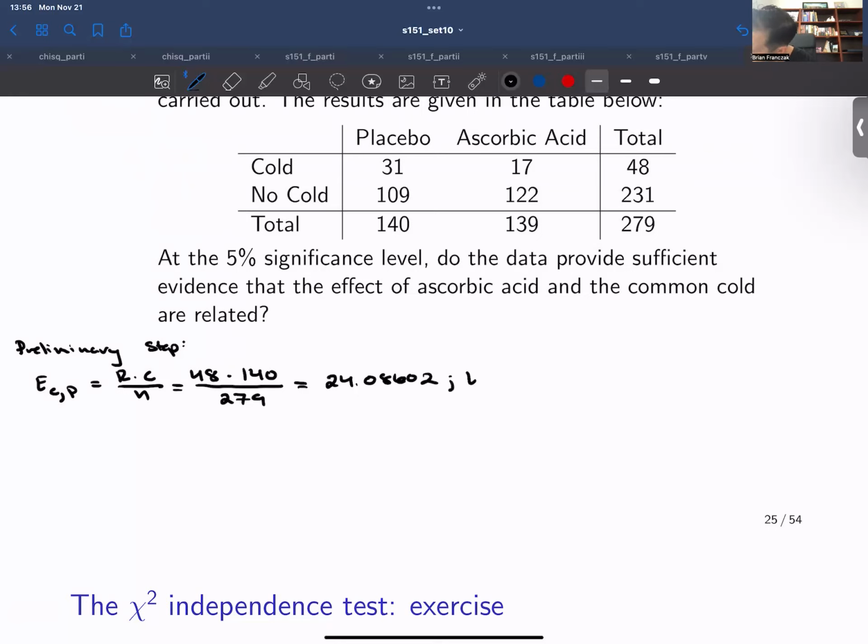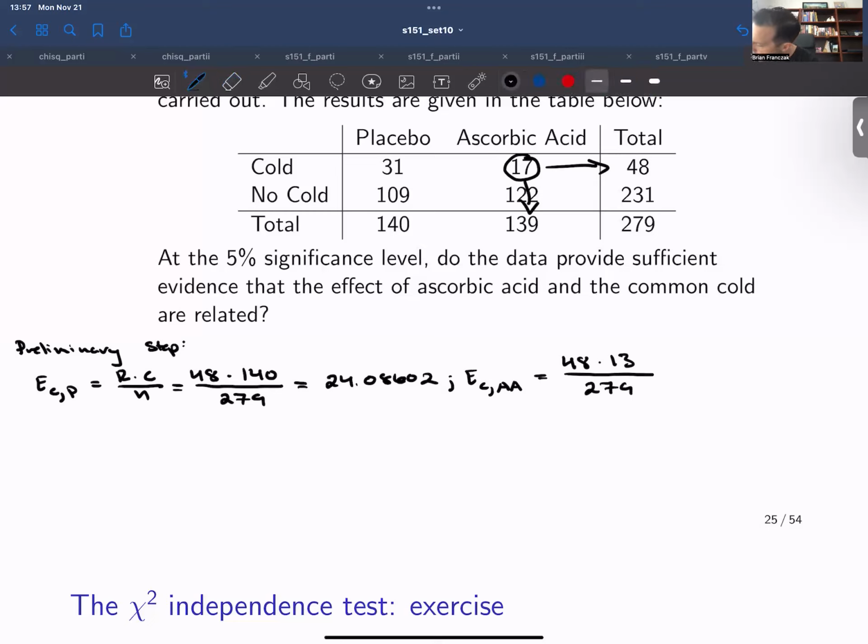So for example, the expected number of people that say that they have a cold but took ascorbic acid, or vitamin C, is going to be the row total, which is 48, multiplied by the column total, which is now 139. Notice that I have moved for this count. These are my row and column totals now. So you can see how we're just shifting our way through the table.